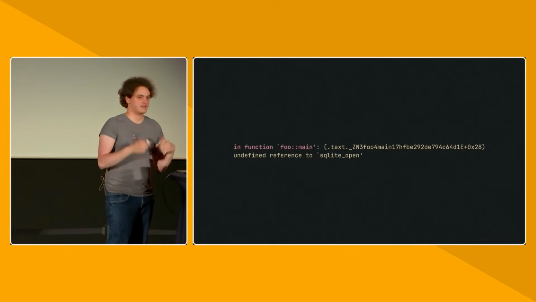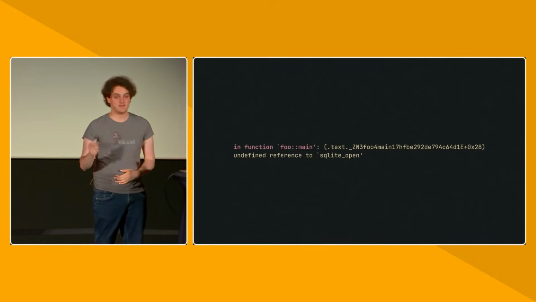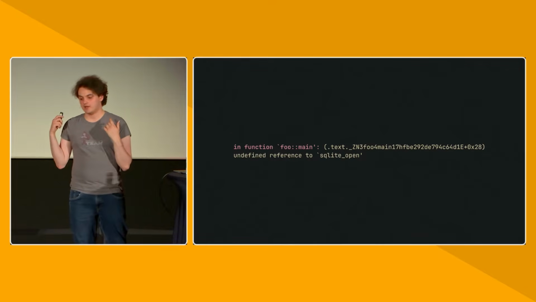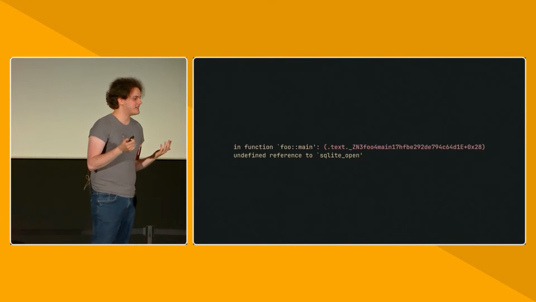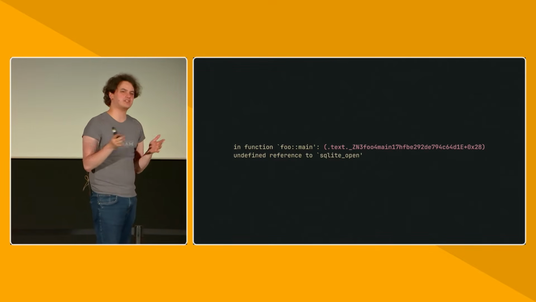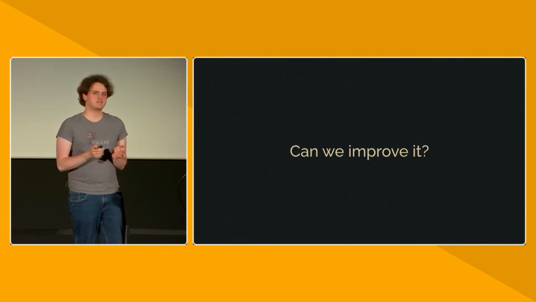We can see that we have two ways of providing the location of the file. The function name that, as I said before, is not the best way to navigate through your source, and then the location in the object file, which is not great. Can we improve this?